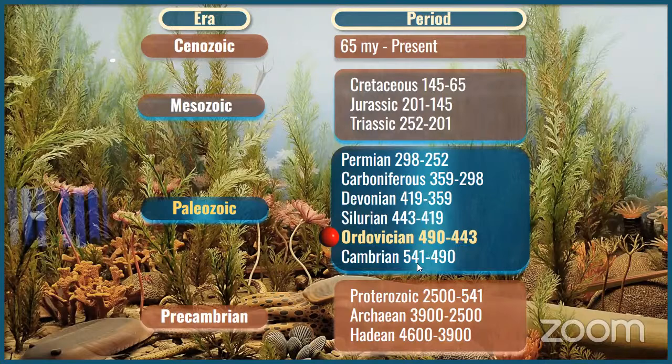So we're in the Ordovician, about 490 million years ago. We're going to lump this in with the Silurian as we talk about the ecosystems that were present and the organisms that were present, largely because I find the Ordovician a little bit boring.